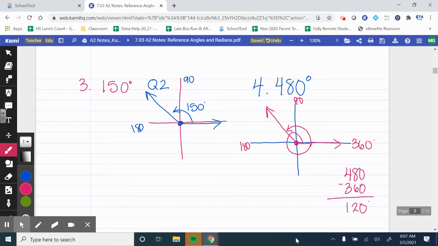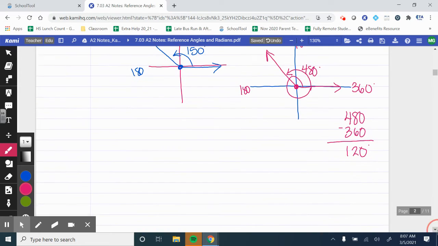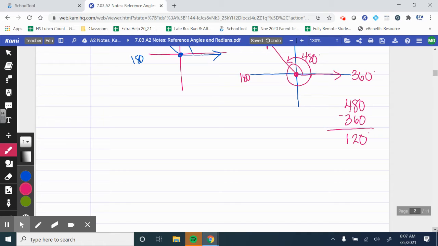And that's how you would graph that angle. You're going a full 360 degrees and then an additional 120 for a total of 480 degrees. So those are how you would graph an angle in standard position. That's something basic that's really important as we move on with all of this trig stuff.